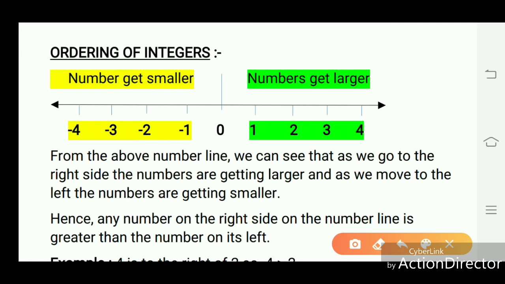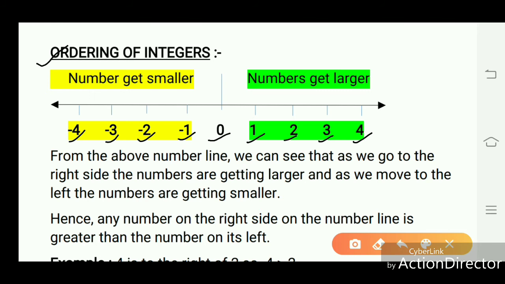Now we learn ordering of integers. First we make a line and mark 0 on the number line, and on the left hand side we mark negative integers -1, -2, -3 and -4, and on the right hand side we mark 1, 2, 3 and 4.